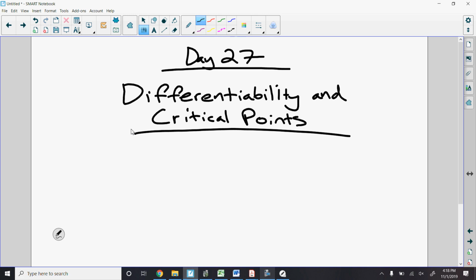Differentiability means that, if we think about the root word there, differentiate, it refers to derivatives. So if something is differentiable, that means we can take the derivative of it. So let's talk about a function being differentiable.